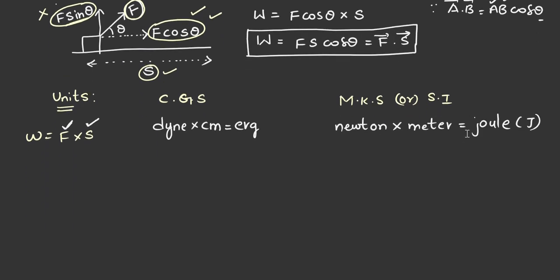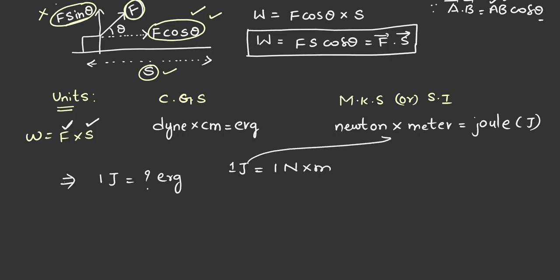And if we look at the conversion of SI unit into CGS unit, which means if I ask you 1 joule is equal to how many erg, how to answer this question? Simply, 1 joule is nothing but 1 Newton into meter. I took this from here. We know that 1 Newton is 10 to the power of 5 dyne, and 1 meter is 10 to the power of 2 centimeter.